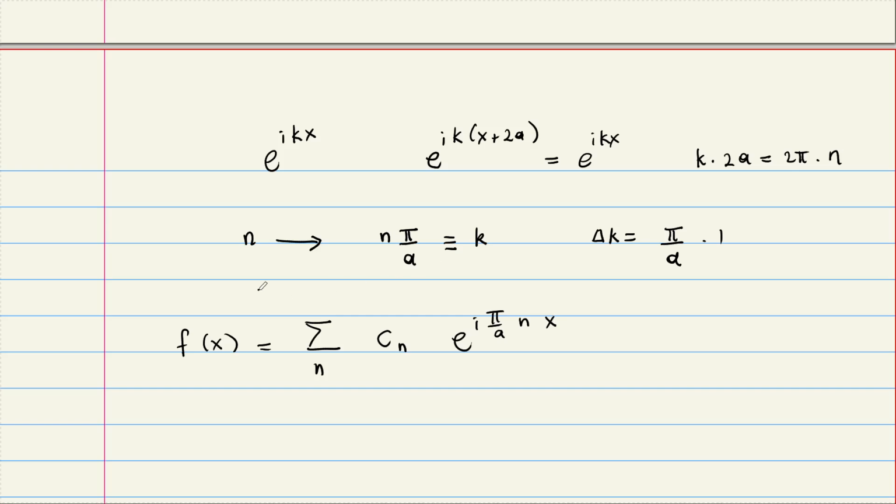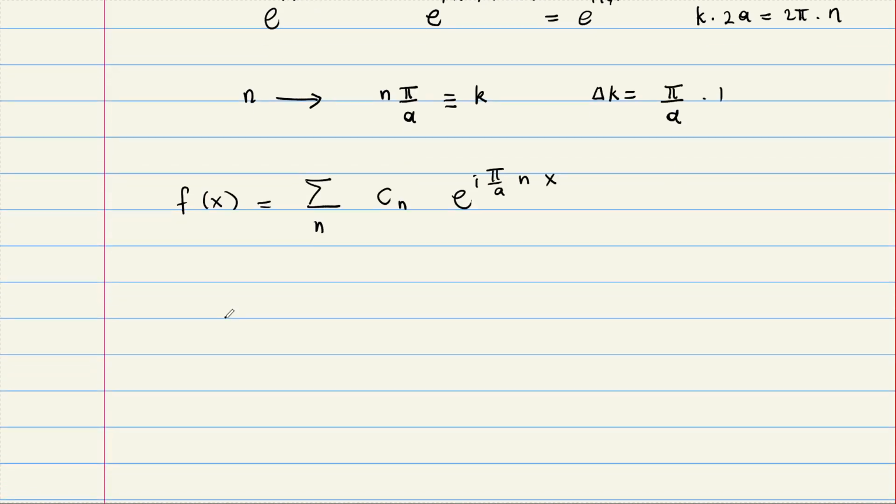So what I want to do here is, let's copy and see how I manipulate. So I want to put delta k over 2 pi and 2 pi over delta k. Why delta k over 2 pi?